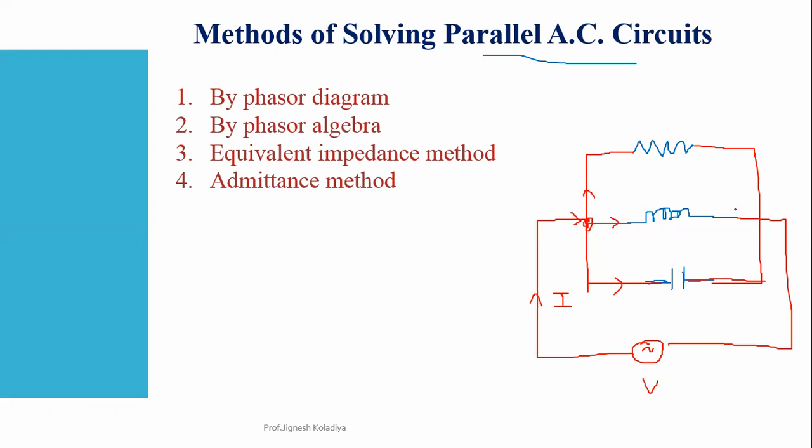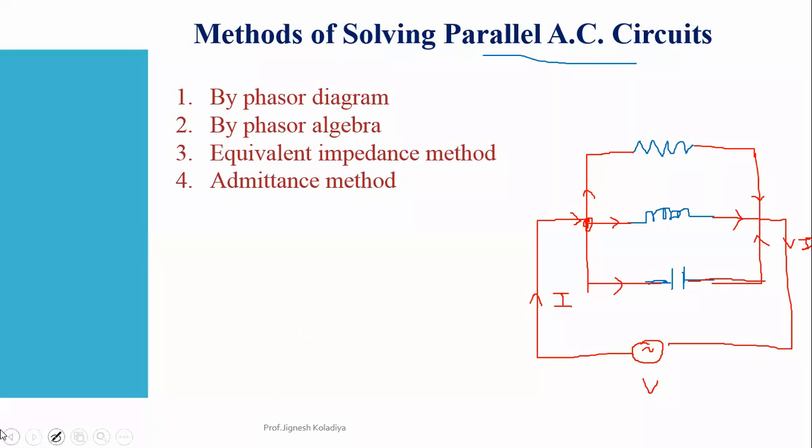Again the three meet at this point, and here you will get the current I again. But in case of series, a constant current is passing through the three elements or two elements, whatever is connected.